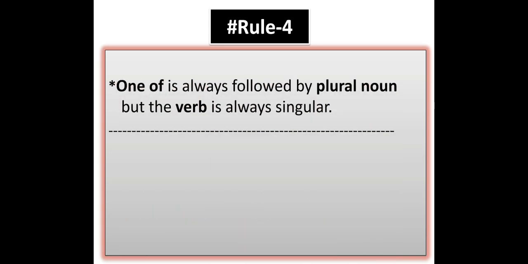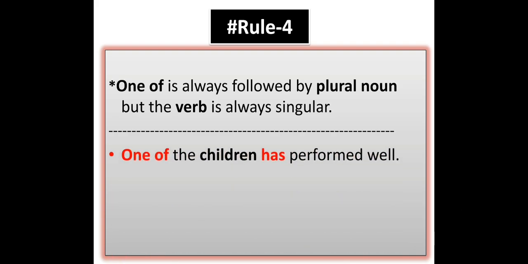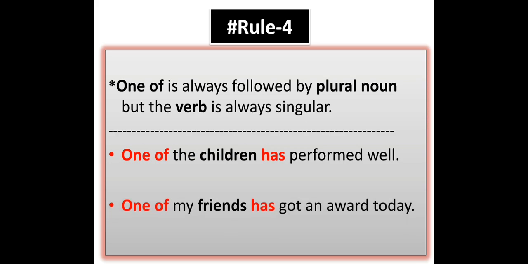One of is always followed by a plural noun, but the verb is always singular. For example, one of the children has performed well. One of my friends has got an award today. You see, one of the children, not child.